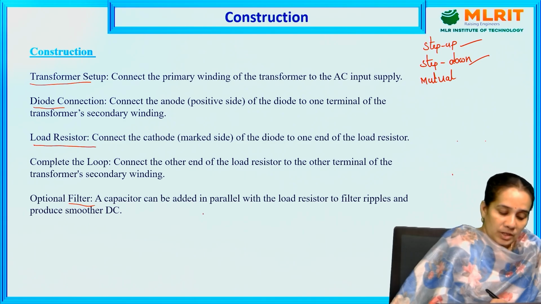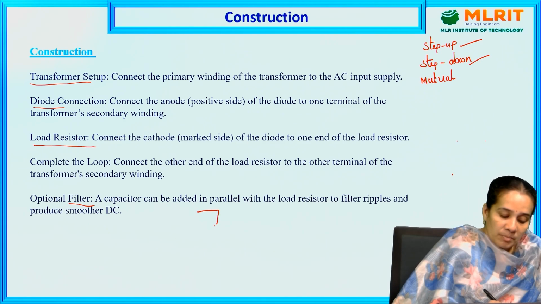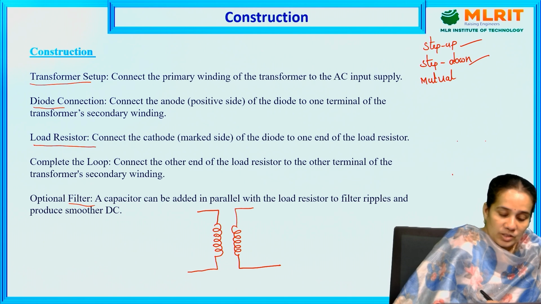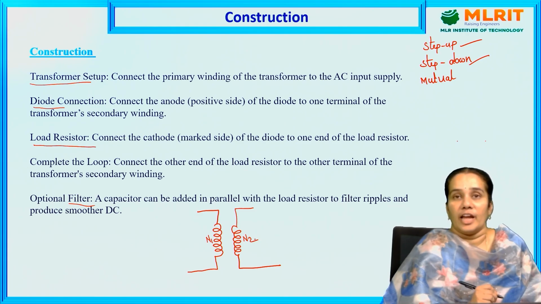The transformer works on the principle of electromagnetic induction. It contains two windings: the primary winding and the secondary winding. The primary winding is N1 and the secondary winding is N2.